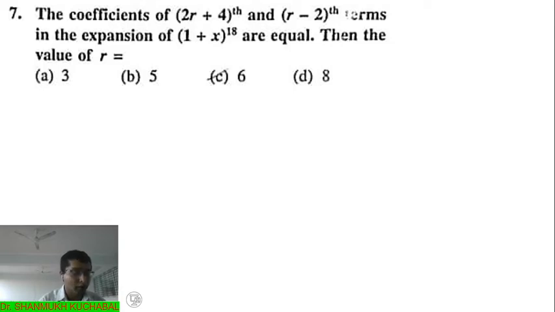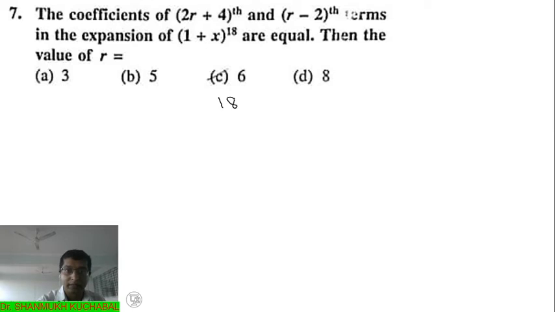The coefficients of the (2r+4)th term and the (r-2)th term in the expansion of (1+x) raised to 18 are equal, then the value of r equals what? See, they are equal. I use one notation: n equals 18.